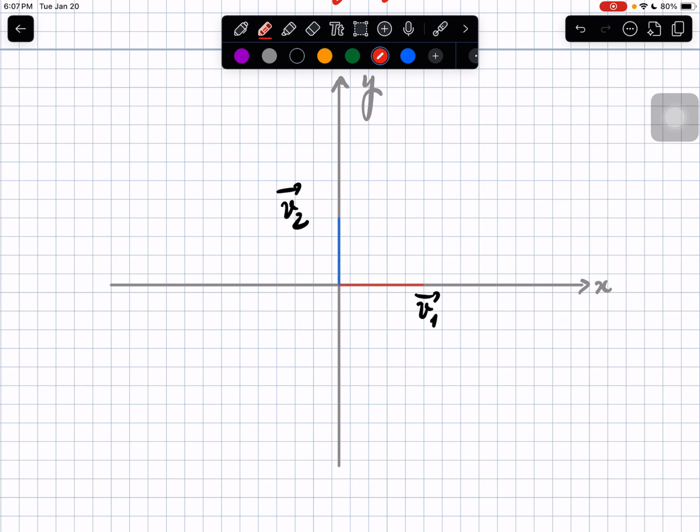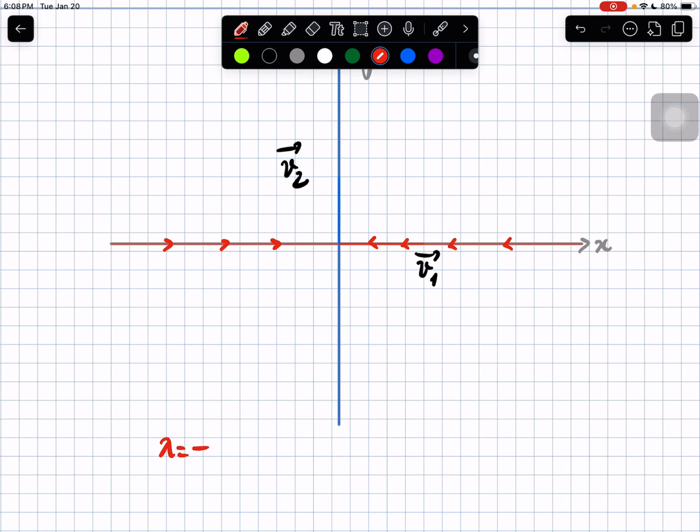In the space spanned by v1, we have the x-axis. Along the eigenspace spanned by v2, we have the y-axis. Along the x-axis, we know that everything goes inward toward the origin because lambda is negative, lambda equal to -4 in our case. e^(lambda t) tends to 0 when t goes to infinity.